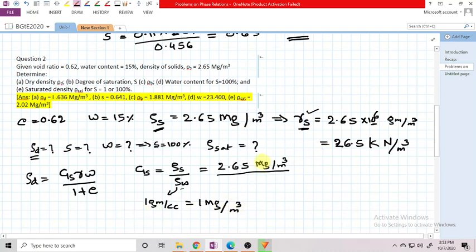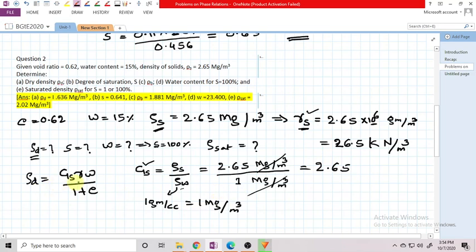Since the numerator is in megagram per meter cube, let me put it in megagram per meter cube. If it is in gram per cc, then you should continue with gram per cc. Hence specific gravity is unitless, because numerator and denominator have the same unit. So specific gravity becomes 2.65.